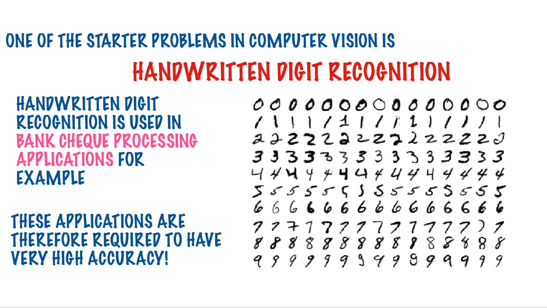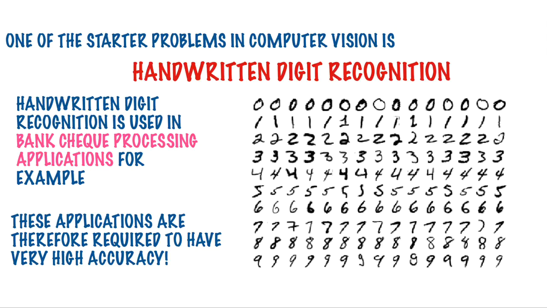So as you can see, handwriting varies from person to person. Each person would write 0 in a different way, 1 in a different way, 2 in a different way, and so on. Handwritten digit recognition becomes important when you look at applications like bank check processing. So if you wanted to automatically process a check at a bank, your program should be able to look at a scanned image of a check and read the digits on it very, very accurately.